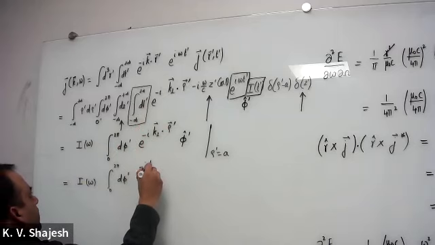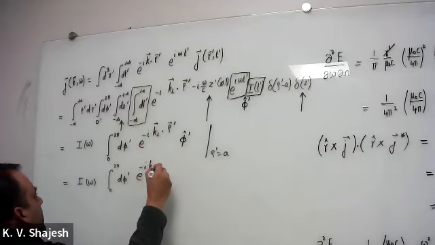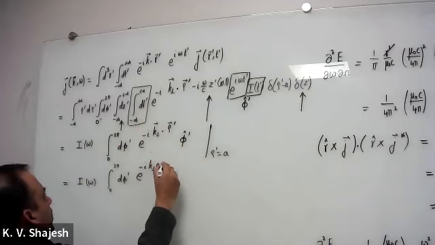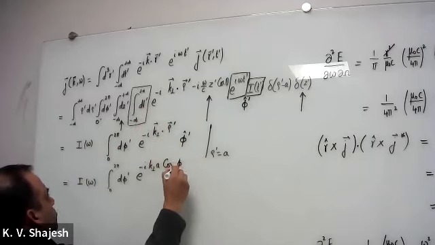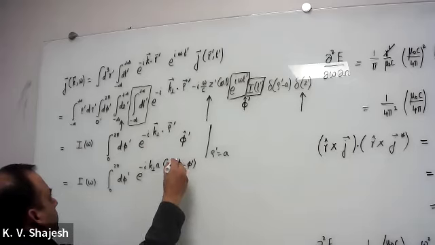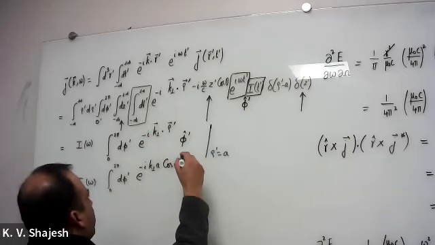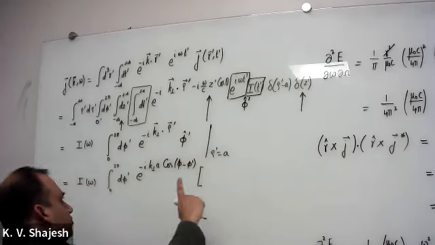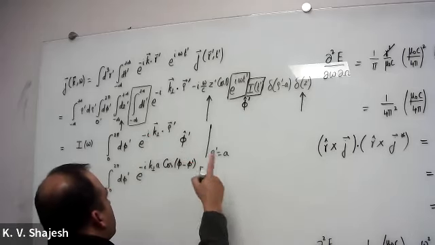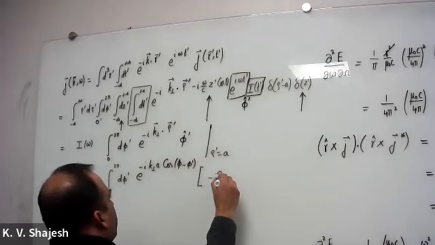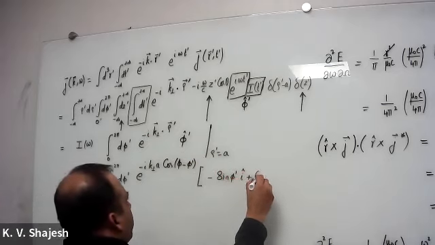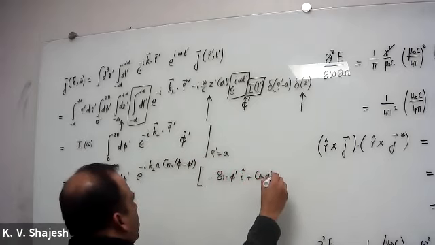So this is minus i K curve. Rho prime is A now, right? Because rho prime is set to A. And the angle between these two vectors is the cosine of some angle phi, which decides your K and phi prime. And phi prime itself as a vector is minus sine of phi prime in the I direction, plus cosine of phi prime in the J direction.